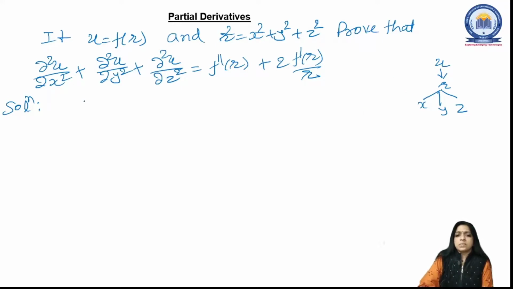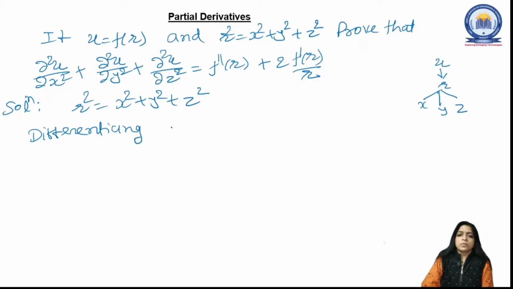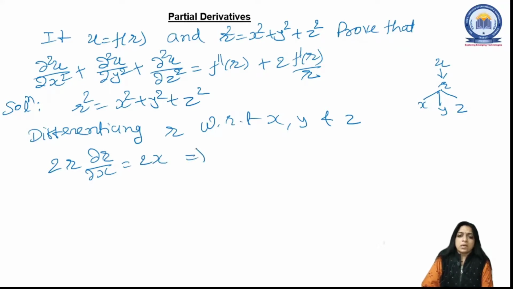I start with r square is equal to x square plus y square plus z square. Differentiating with respect to x, that is 2r del r by del x is equal to 2x, which implies del r by del x is equal to x by r.